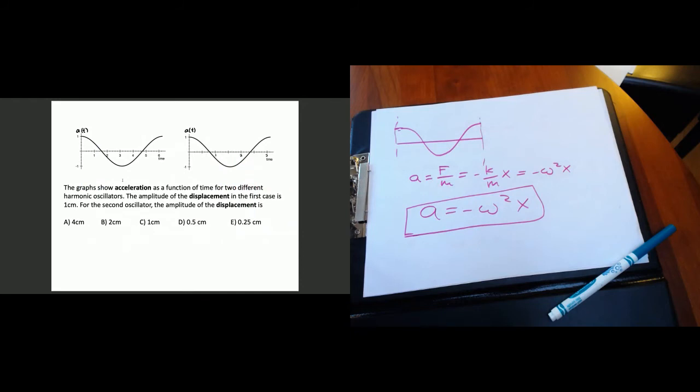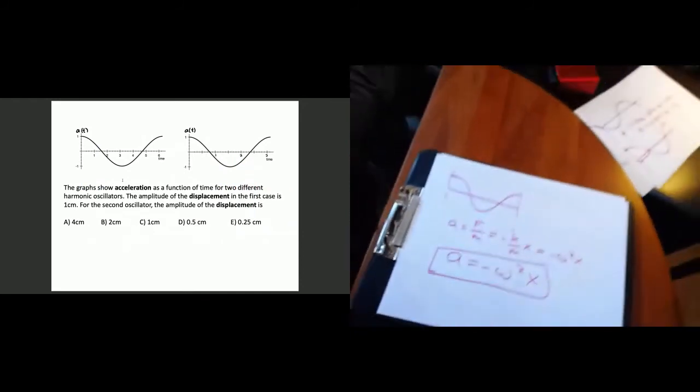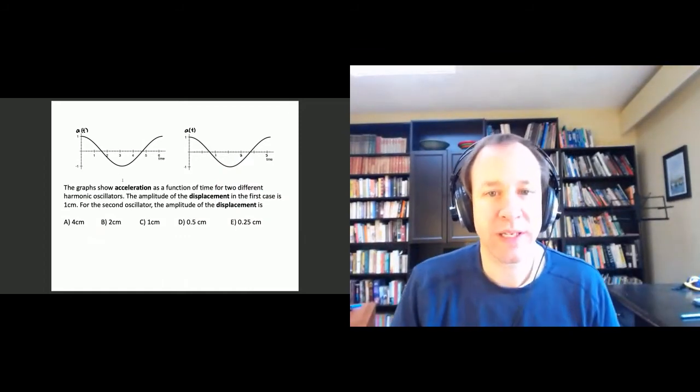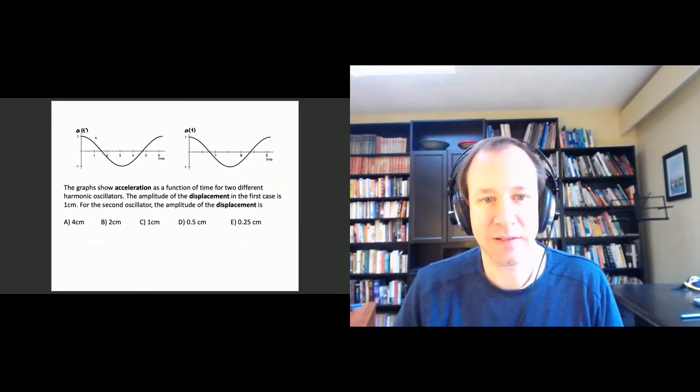One more graph, one more acceleration question here. Okay. So in this graph, what we're given is on the left, the acceleration versus time for one object. And on the right, we're given acceleration versus time for a different object.